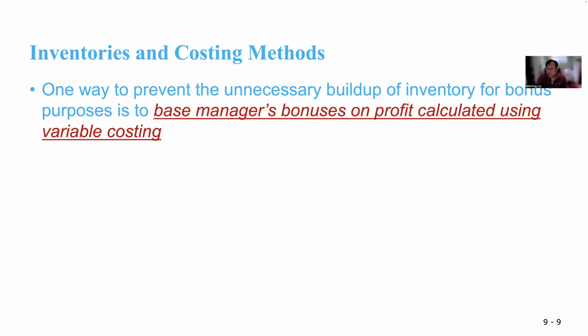Why would we even need variable costing, right? So you can see this will be one example where variable costing can help the organization to avoid some managerial misalignment of their interests.